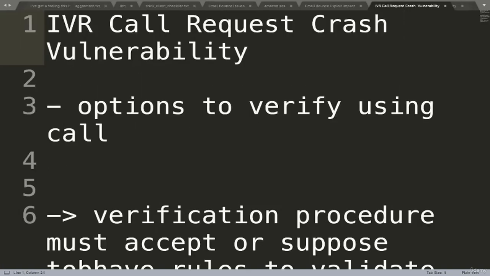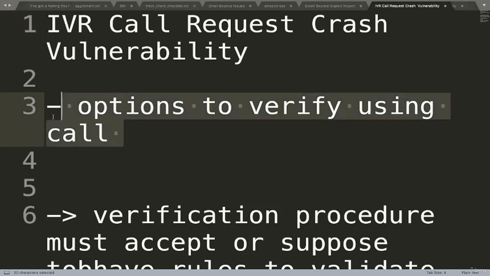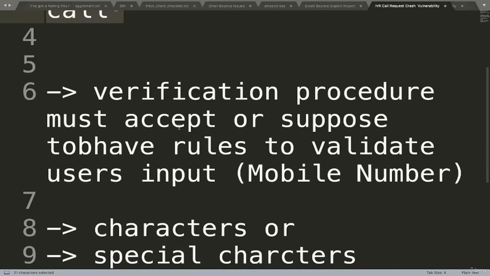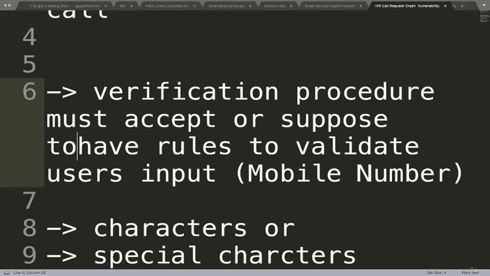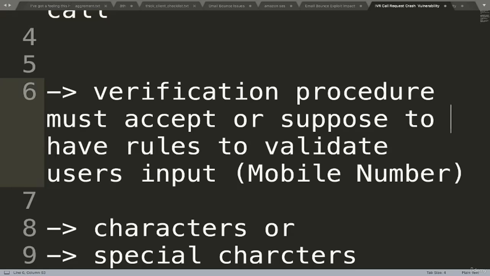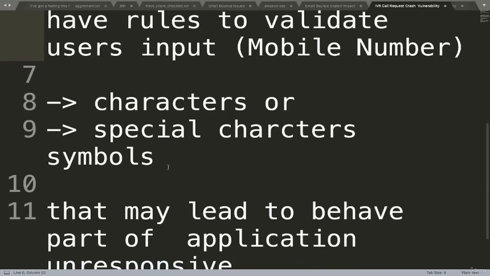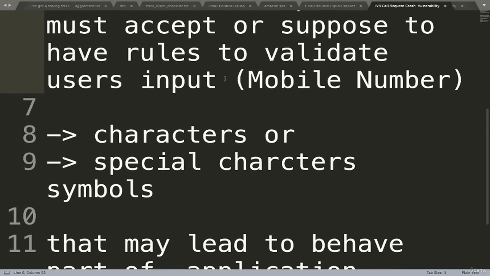Hello friends, so now I'm going to talk about the IVR call request crash vulnerability. Obviously you will get many options like verify your cell phone, or when you order something you can verify your mobile numbers, authentications. So if there's an option to verify using call, then you can try this attack. Now what's the verification procedure? The verification procedure is supposed to have rules to validate user input like a mobile number, which should obviously be numbers.